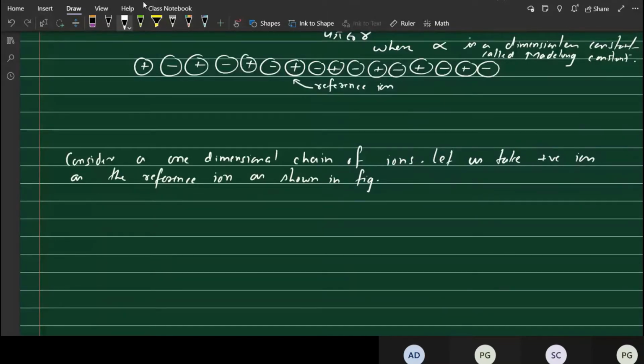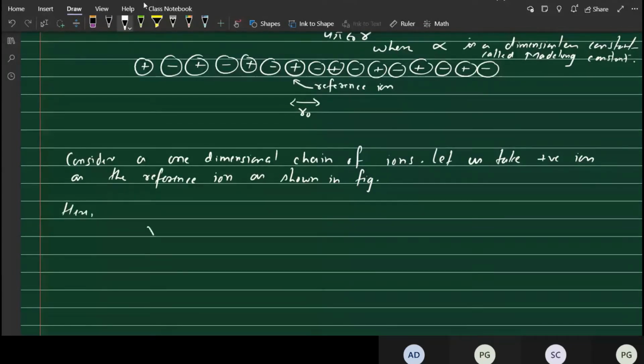Now first calculate the electric potential due to the first neighbor on the reference ion.